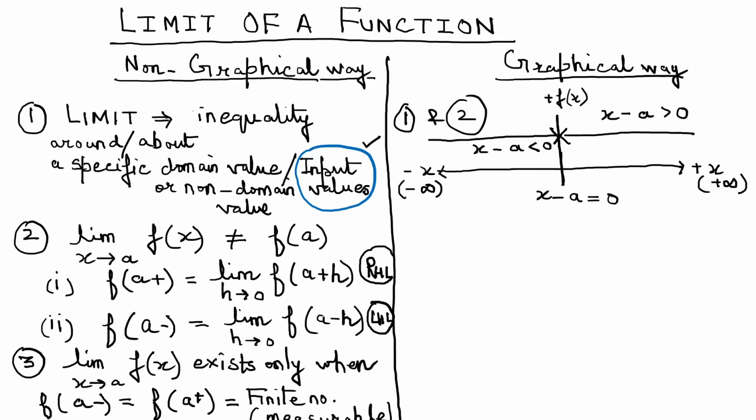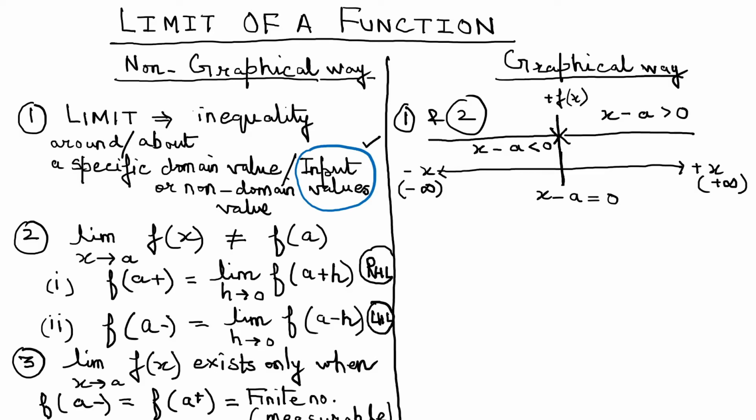I hope now you would have understood fairly well that limit is all about the neighborhood values or the neighborhood behavior. It is not about that particular point. So when we are talking about limits of a function, we are trying to limit the input values to a function in terms of the neighborhood.